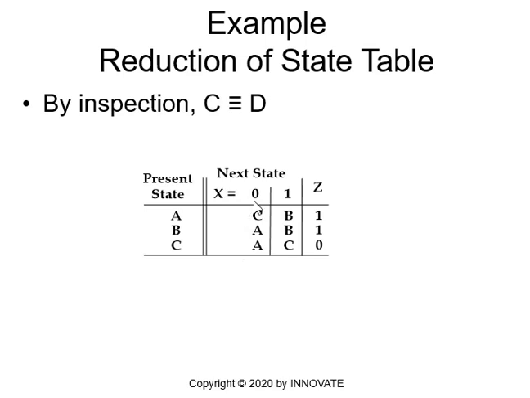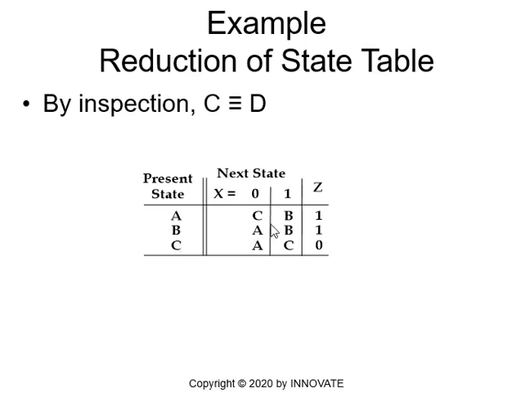So for x is 0, for instance, I have A as the next state for the state B, and A for the present state C. So B and C must be adjacent to each other, or they must be located at the next cells in K-maps.